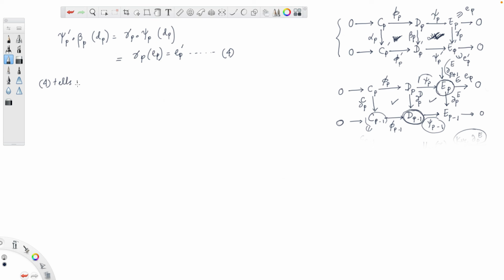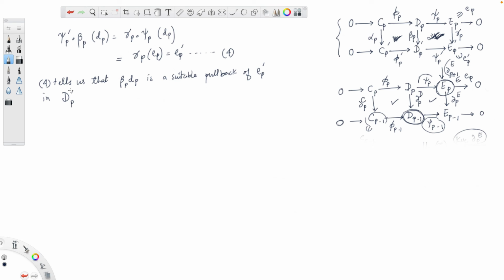Okay, so 4 tells us that beta P dP is a suitable pullback of EP prime in dP prime.